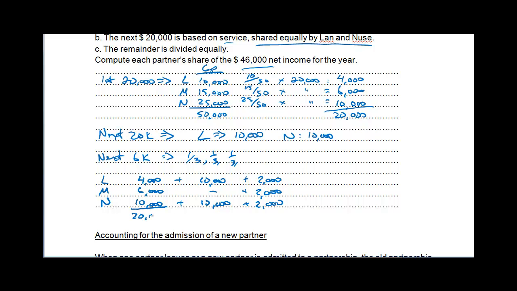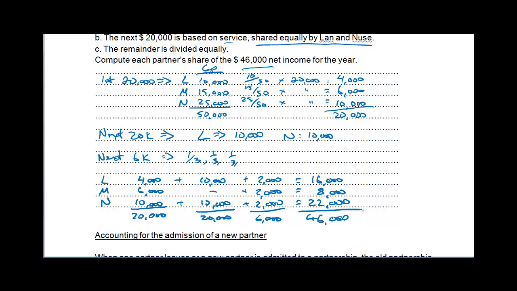So this is the first $20,000 here. This is the second $20,000 here. And here's the remaining $6,000. So the first partner, Lan, ends up with $16,000, $8,000 for Mol, and $22,000 for Noose. And that is how we allocate the $46,000 worth of profit.